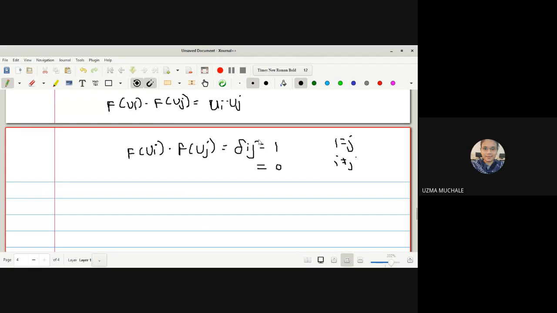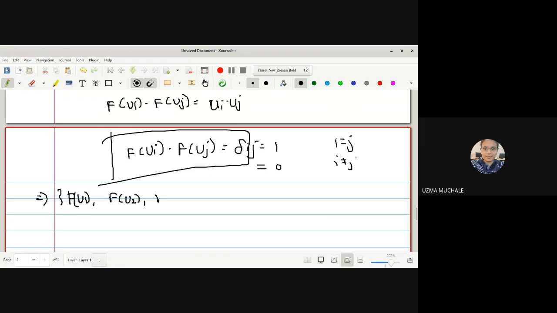Correct? Here you can see this is also forming a frame field. So I can write that Fu1, Fu2, Fu3 form a frame field. Right, that is, the dot product of them is 0 and their norm is equal to 1.